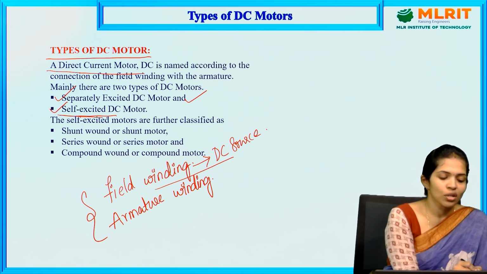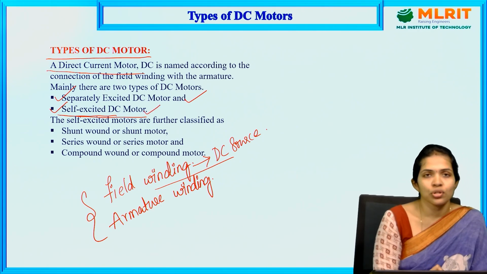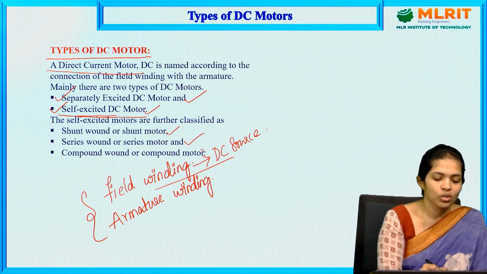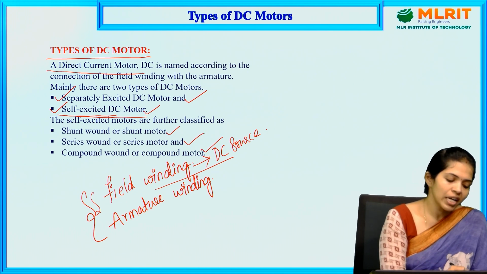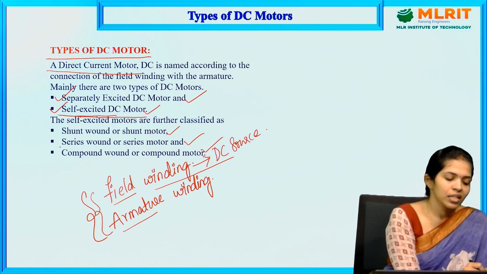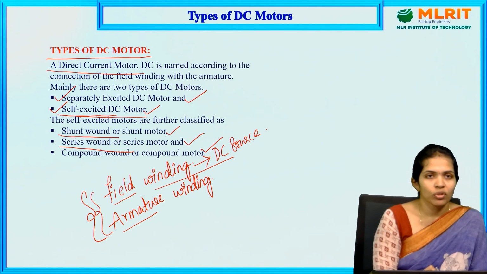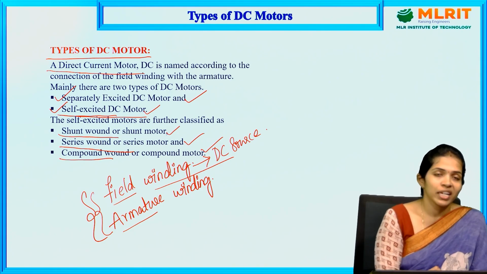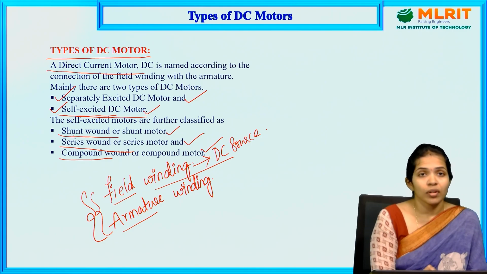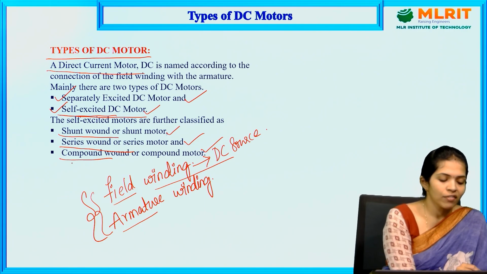There is a further sub-classification of self-excited DC motors, based on the connection of the field and armature windings. If the field winding and the armature winding are connected in series, it is called a series motor. If they are connected in parallel, it is called a shunt motor. If both series winding and shunt winding are present, we have a compound wound motor.